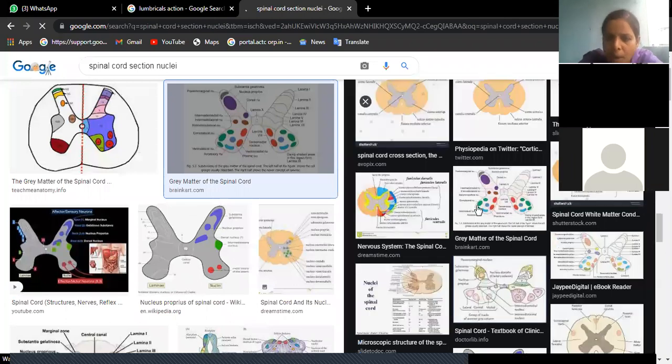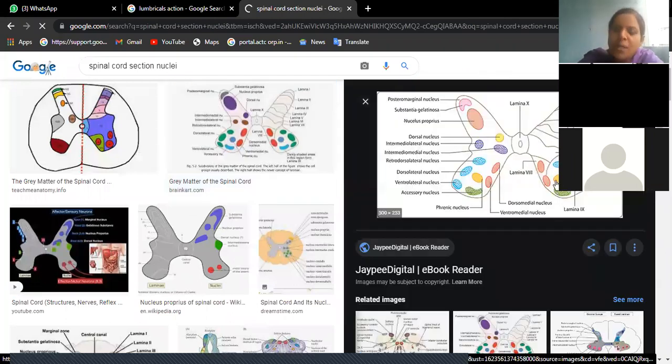Yes, ma'am. So you are supposed to show these nuclei when you draw the cut section of spinal cord. This is the anterior horn. The thin one is the posterior horn. So what are the various nuclei? We have accessory nucleus, ventrolateral, dorsolateral, phrenic nucleus, ventromedial nucleus, dorsomedial nucleus, intermediomedial, intermediolateral, dorsal nucleus, nucleus proprius, substantia gelatinosa of Rolando, and posterior marginal nucleus.